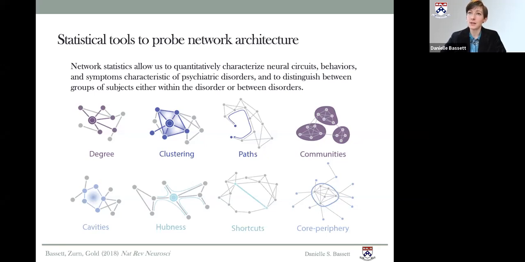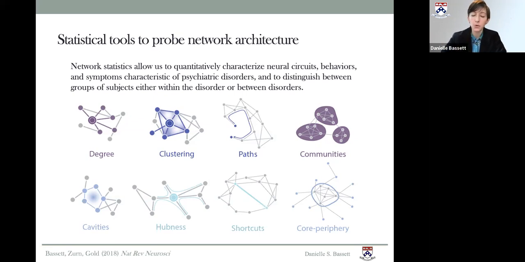But I think that that's still a strength in that we have this ensemble of characterizations that we can try to use to understand neural circuits, their relationship to behaviors, their relationship to symptoms of mental illness that are characteristic of psychiatric disorders. And we can also use them to distinguish between groups of subjects, either within a single disorder, let's say schizophrenia, or between multiple disorders. So let's say between schizophrenia and bipolar disorder, or between bipolar disorder and major depression.